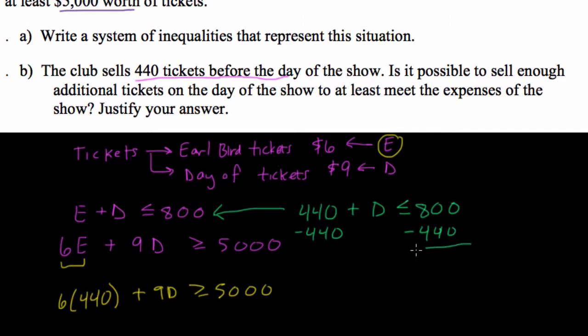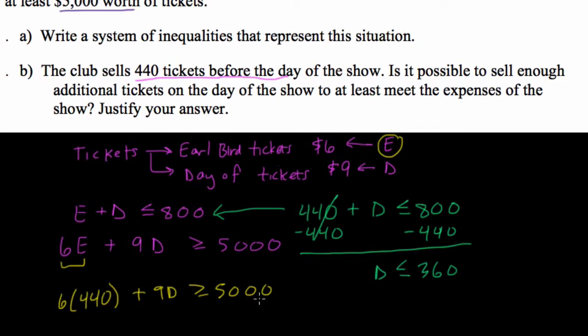When you solve for an inequality, you can treat it just like an equality. The only exception is when you end up multiplying or dividing by negative values, which we're not. This cancels out, and this is 360. So D is less than or equal to 360. So there are 360 tickets left that we can sell at the day of price.